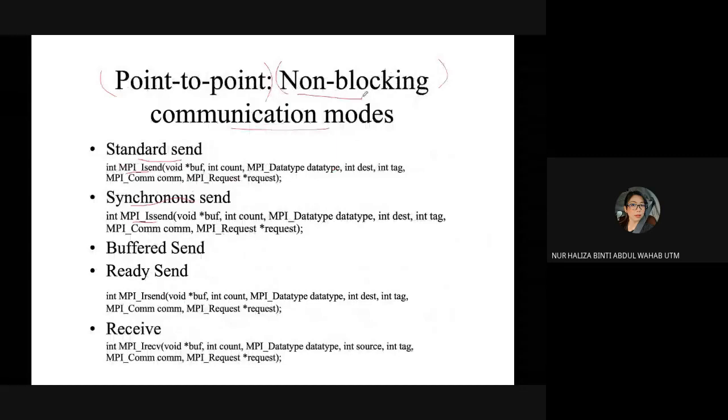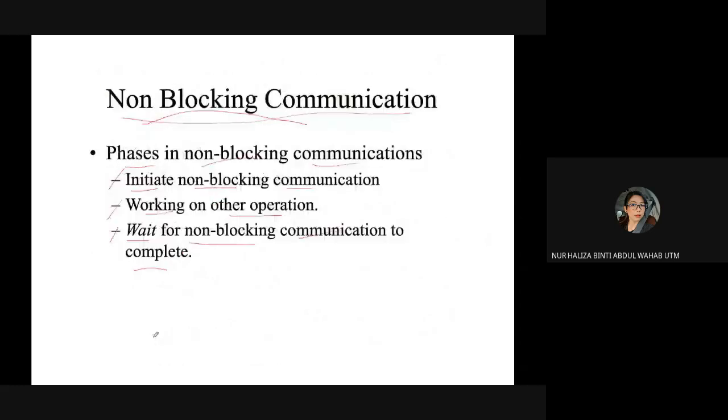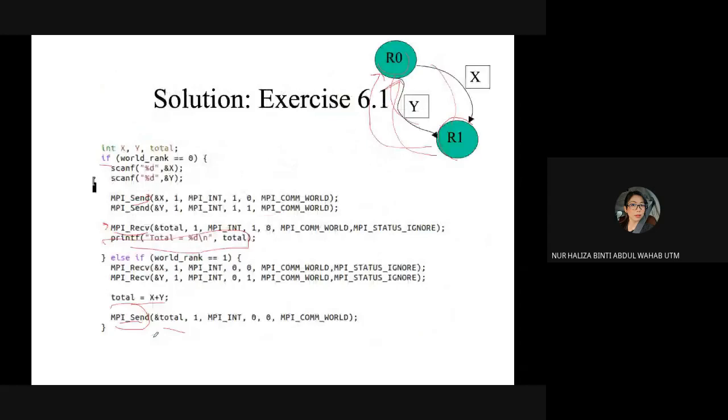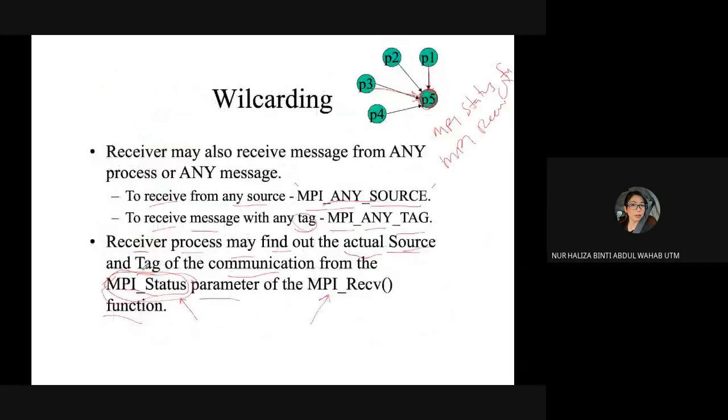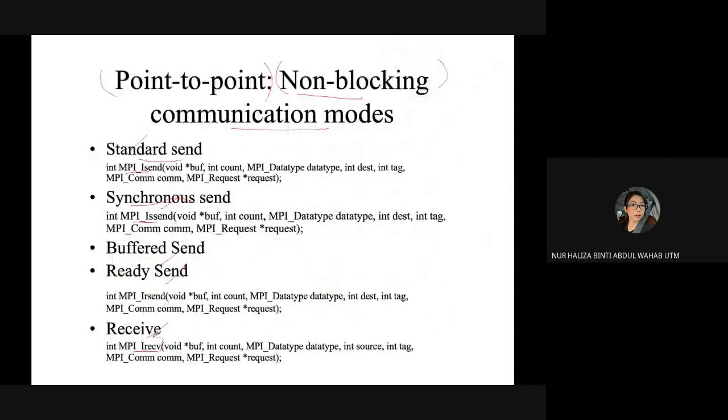So you have standard send, synchronized send, buffer send, ready send, and receive. It is quite different from your previous one. If you have a receive, MPI_Recv, but this one is also receive, but you will declare it as non-blocking.